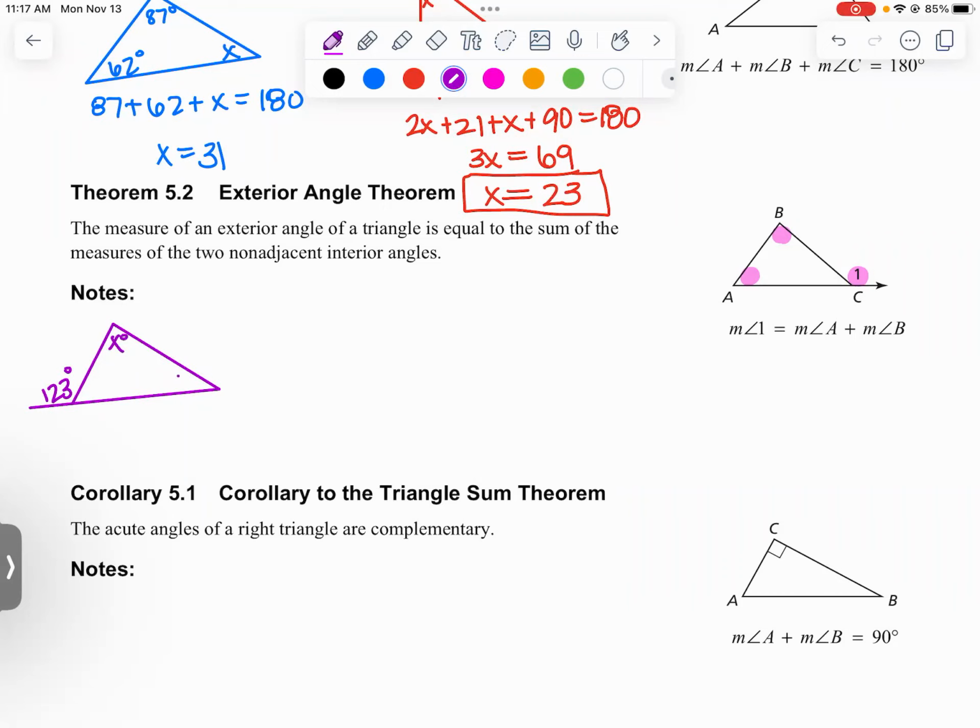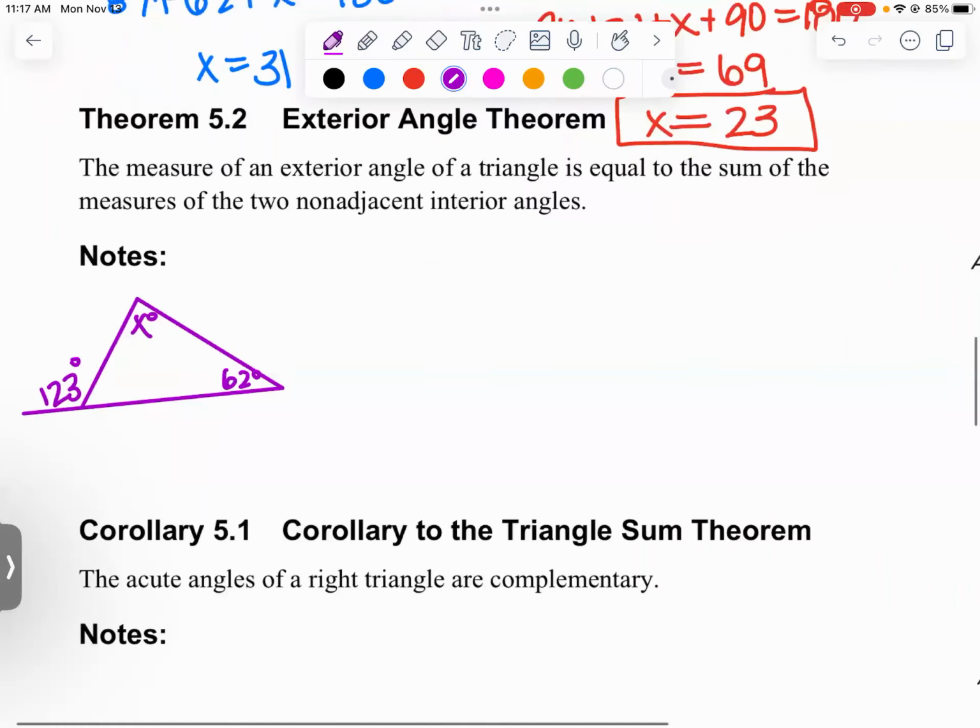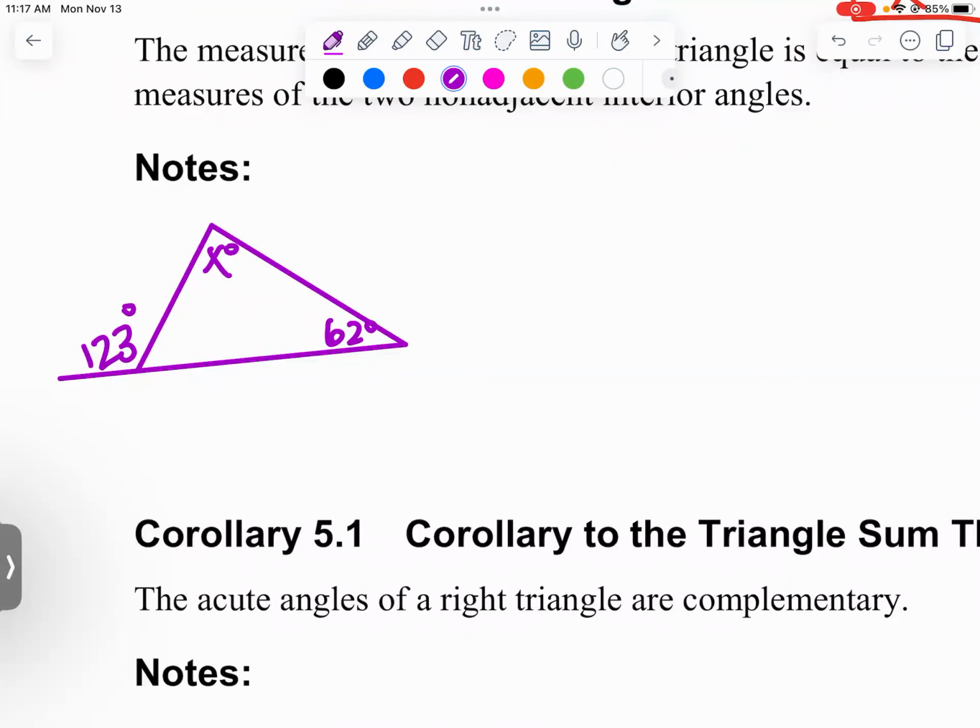This angle has a measure of X, and this angle has a measure of 62 degrees. So what this theorem says, instead of me going through the work of finding that third interior angle and then solving for X, what we can do is we can say that X plus 62 equals 123.